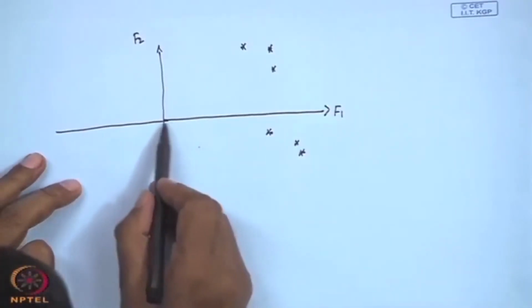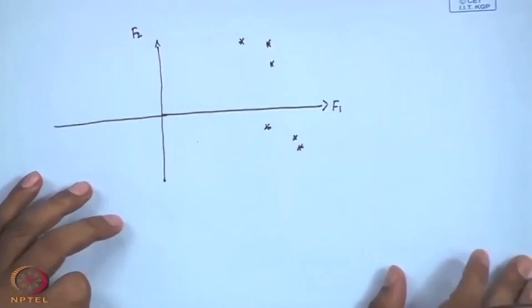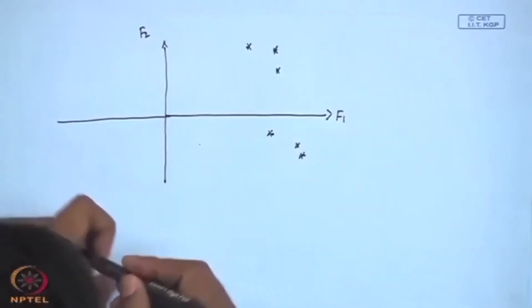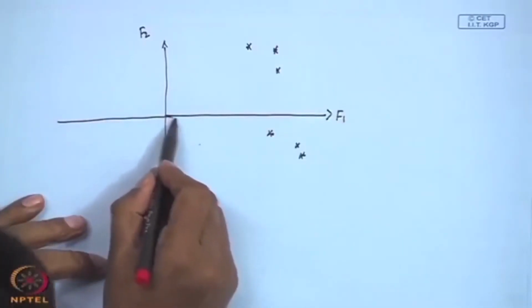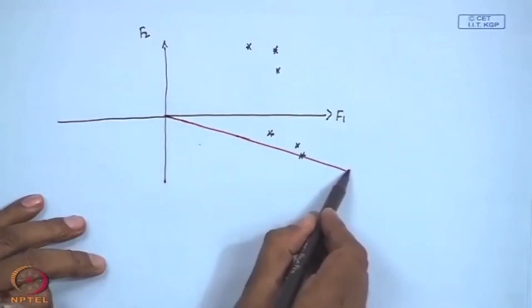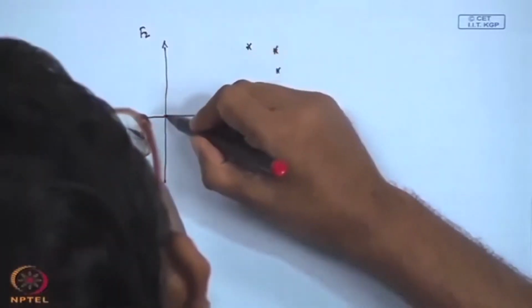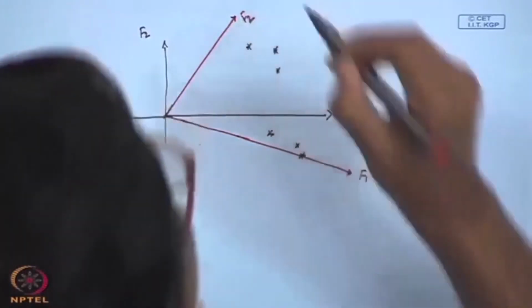We will go for rigid rotation first. Let us rotate both the axes like this. This is my new f1, and if I draw a perpendicular here, this is your new f2.